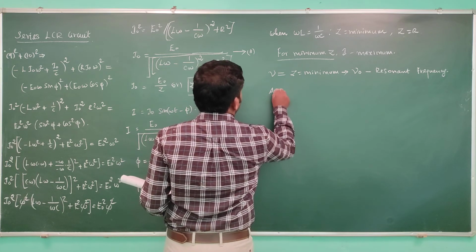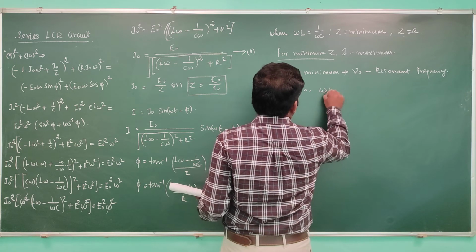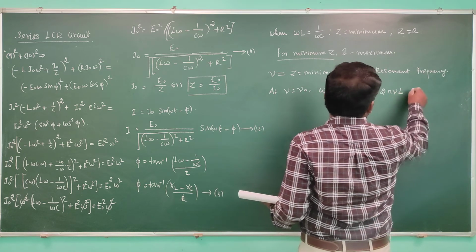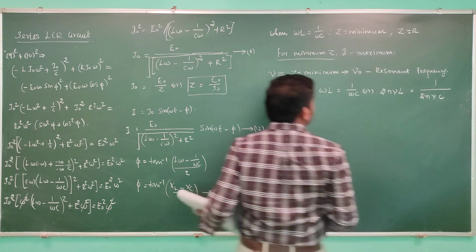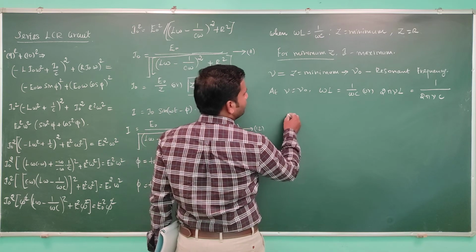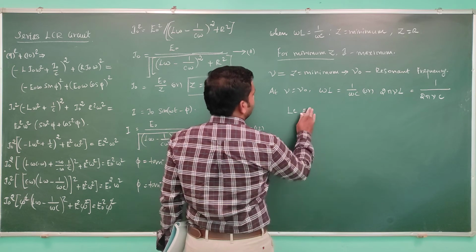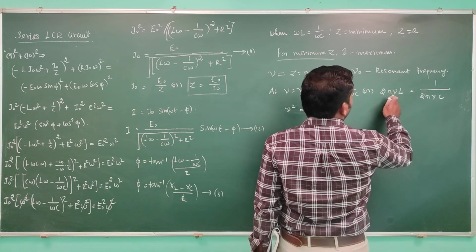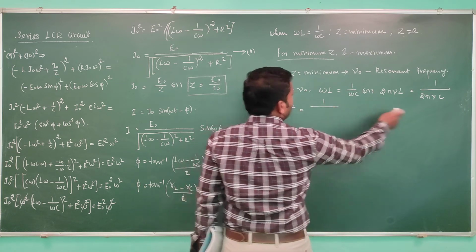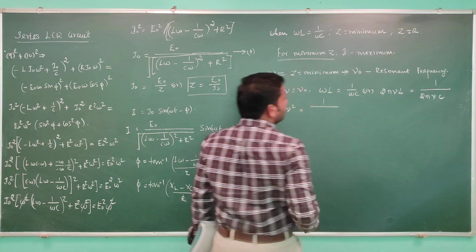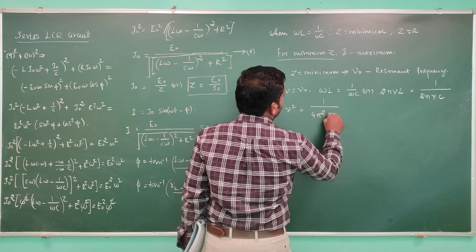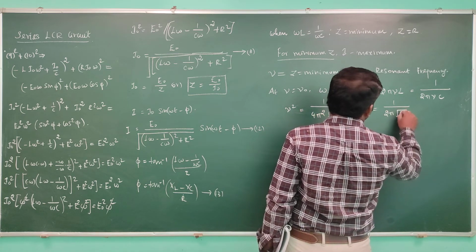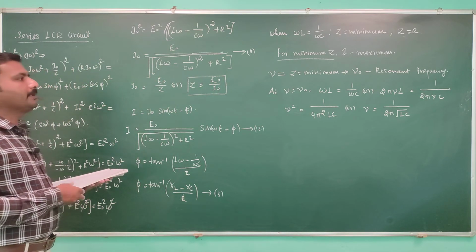That is, at nu equal to nu naught, omega L is equal to 1 by omega C, or 2 pi nu L is equal to 1 over 2 pi nu C. Or you can write LC equal to 1 over nu square; bringing nu to the left side and 2 pi L to the right side, we get 4 pi square LC nu square equal to 1, or nu equal to 1 by 2 pi square root of LC.